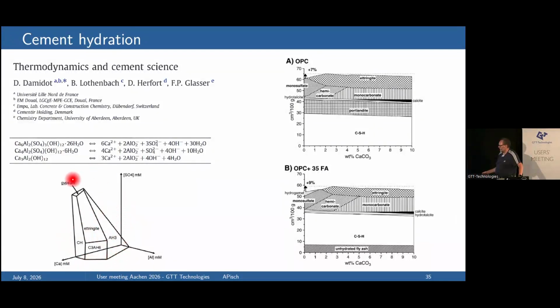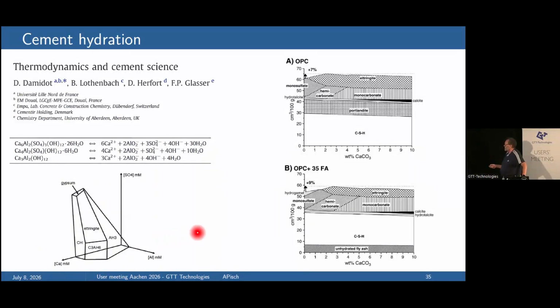This is typically the type of phase diagram that they calculate with the concentrations of alumina ions, silica ions, and calcium ions in solution. Klaus, a few years ago, has shown a different way of showing these aqueous diagrams. Basically, they're equivalent. It's just a question of flavor.